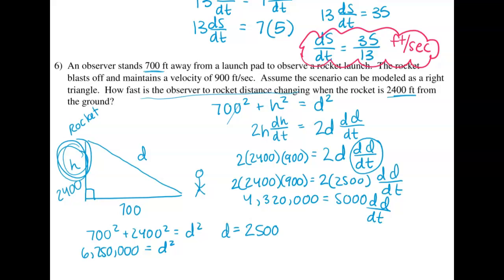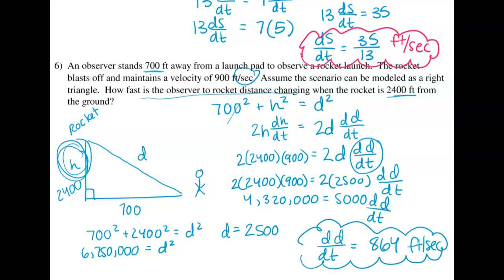So if we divide by 5,000 on both sides, we end up with dd/dt equaling 864, and then you look at our units, feet per second. So that's how fast this distance right here is changing when the rocket's 2,400 feet away from the ground.